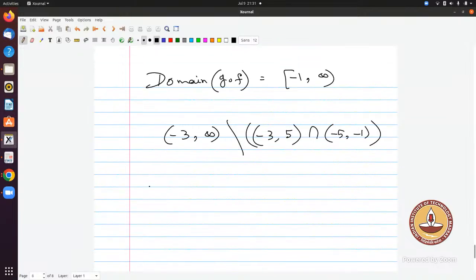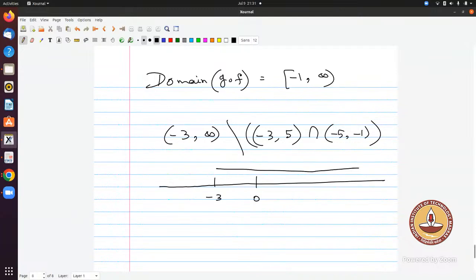Okay, so if I draw a number line, a bad number line, here it is 0, somewhere it is -3. -3 to infinity is basically this part, not including -3. Now -3 to 5: here it is -3, here somewhere it is 5.